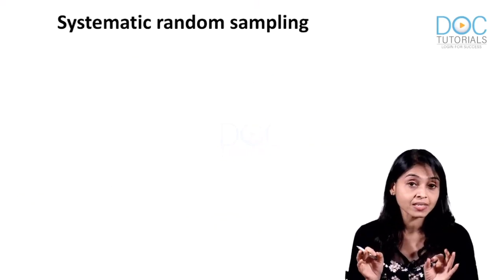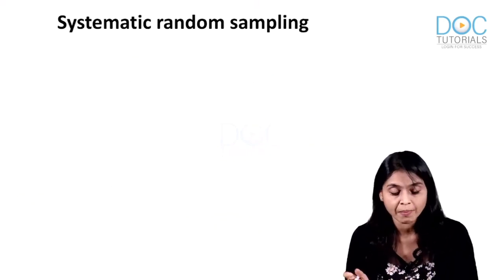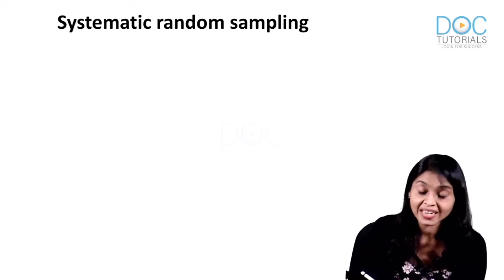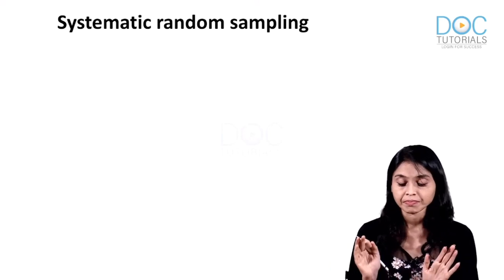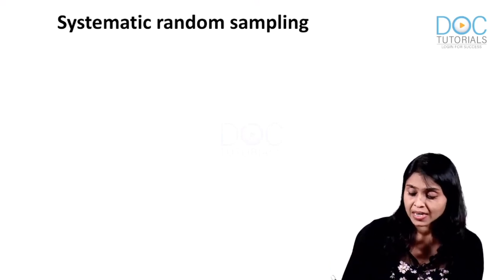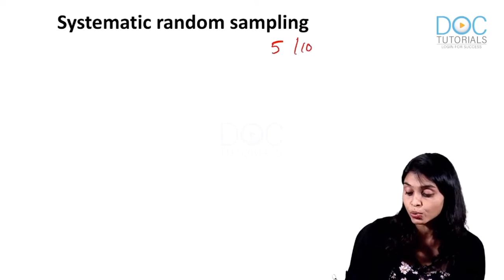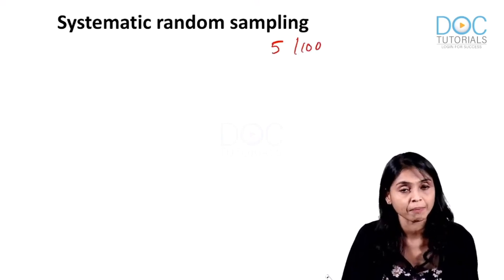Next is systematic random sampling. As the name indicates, systematic random sampling is known as systematic because you are taking the sample in a systematic pattern. For example, suppose I want a sample of 10 from 100 students in the class using systematic random sampling.